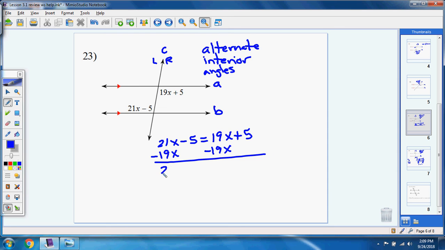So that's going to give me a 2x subtract 5 is equal to 5. I'm going to add 5 on both sides. Almost there. 2x is equal to 10. So x has to be equal to 5.